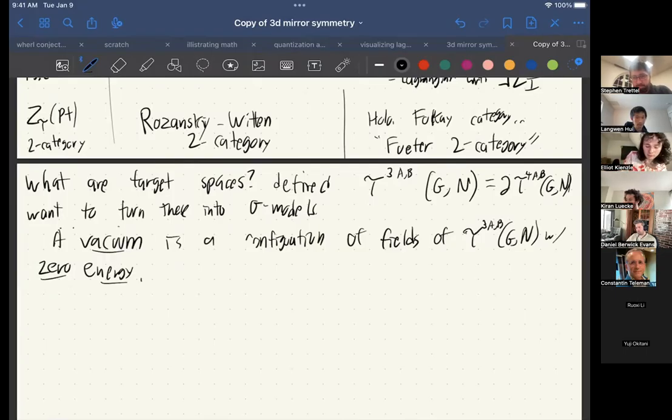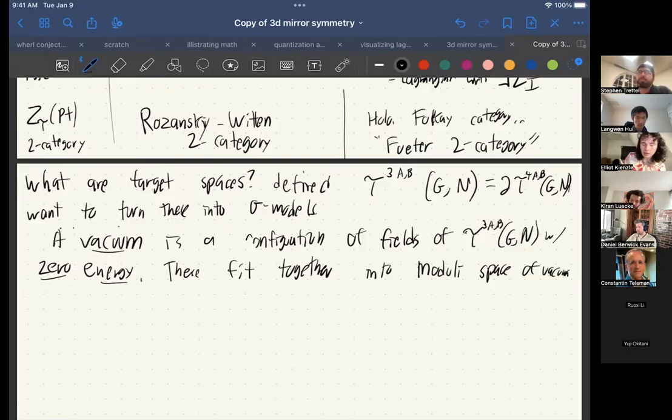These fit together into what we call the moduli space of the vacua. So there are a lot of ways that globally you can have a configuration of fields that has no energy and is perfectly okay, and these fit together into some moduli space.